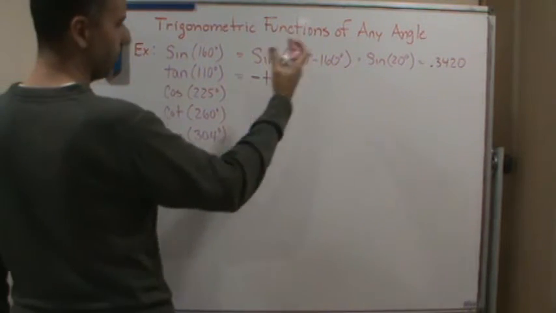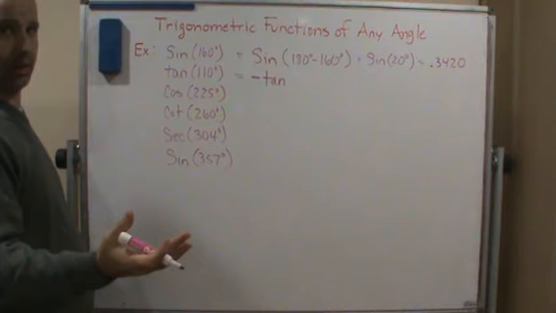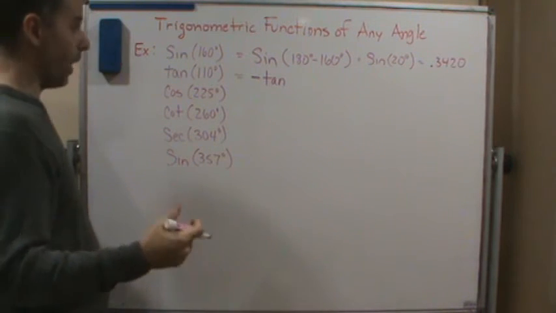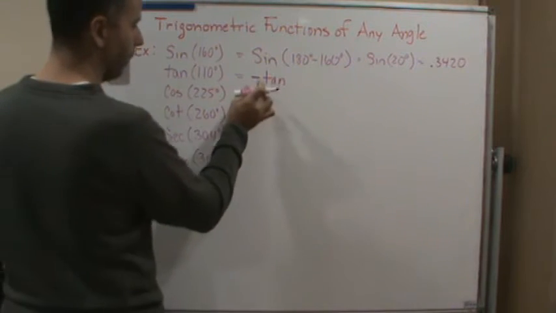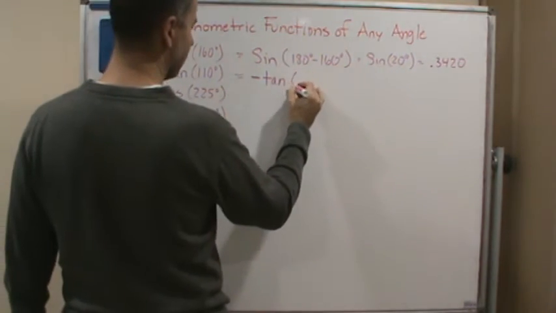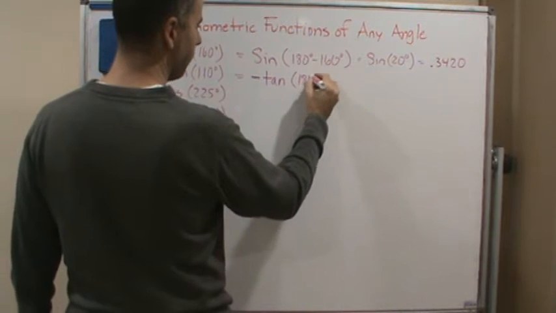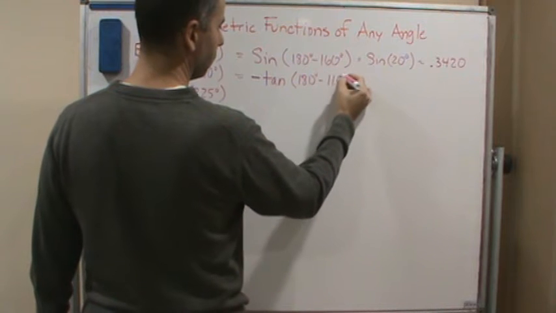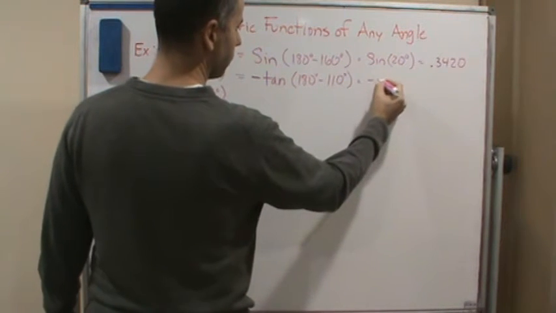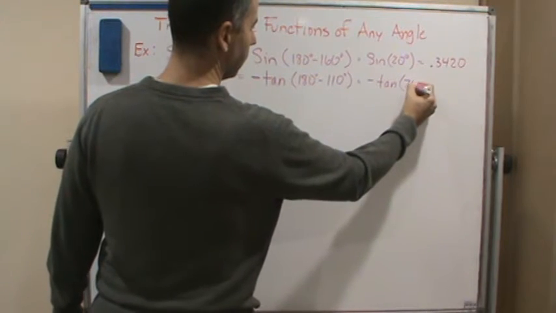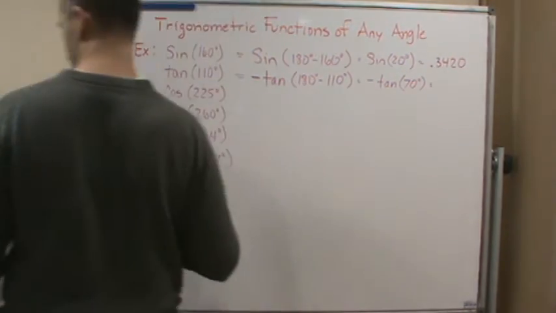Our reference angle is always going to end up being in the first quadrant. So we want the negative of tangent of what? This is going to be 180 minus 110, so this is going to be negative tangent of 70 degrees.